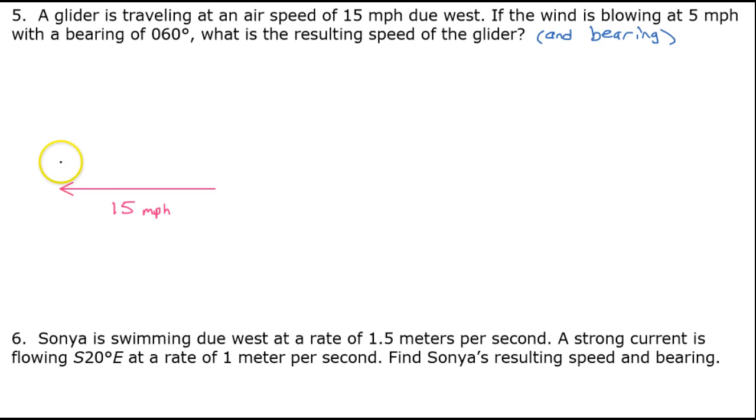So we need to visualize the cardinal directions, north, south, east, west. So when we say a bearing of 60 degrees, we're talking about 60 degrees east of north. All right, 60 degrees measured clockwise starting from north.